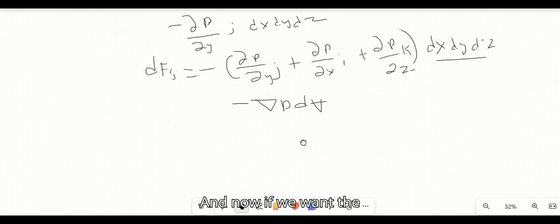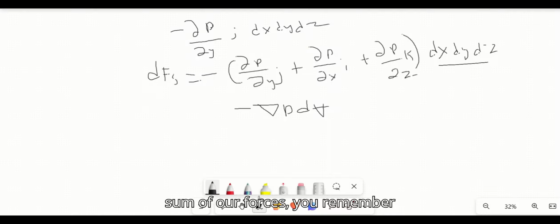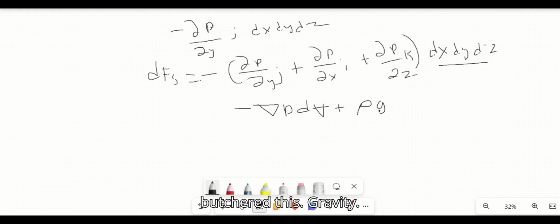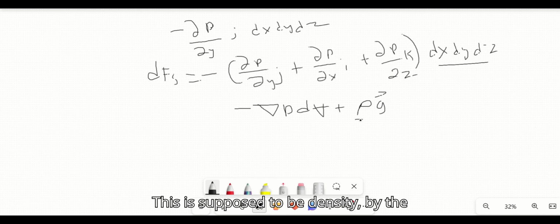And now, if we want the sum of our forces, you remember that the sum was body forces plus surface forces. So this is surface force right here. Now we need to add that body force we found earlier, which was, I'm going to put this in rho. I definitely butchered this. Gravity, this is supposed to be density, by the way.